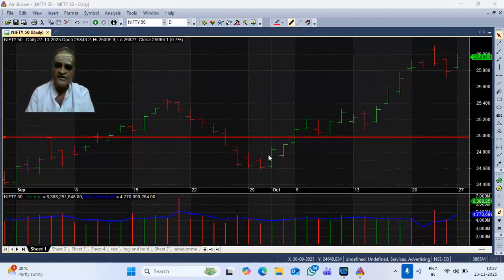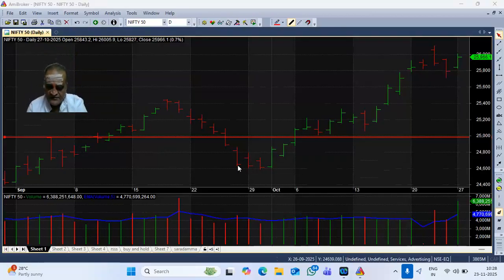After coming to this level, you can see very well that almost the bar length is the same. The bar length is shorter here, the distance between open and close is somewhat less, and there is reduced volume. So this is the first indication that the lows are almost the same.